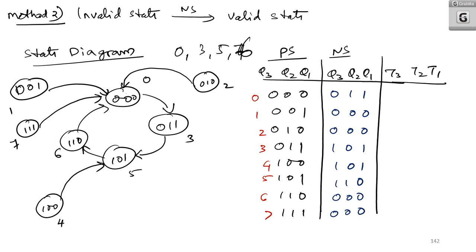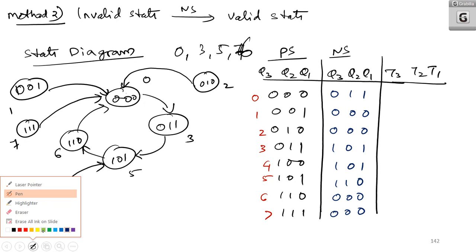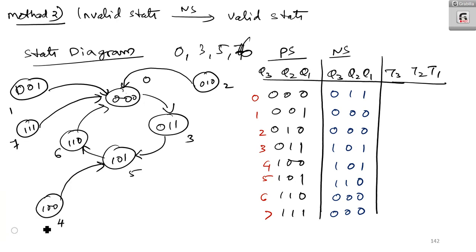Okay. Now you rewrite T3, T2 and T1. Now coming into what is T3? 0 to 0, 0. 0 to 0, 0. 0 to 0, 0. 0 to 1, 1. 1 to 1, 0. 1 to 1, 0. 1 to 0, 1. 1 to 0, it is 1.